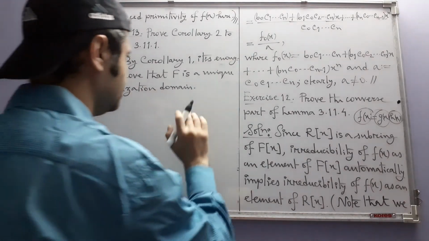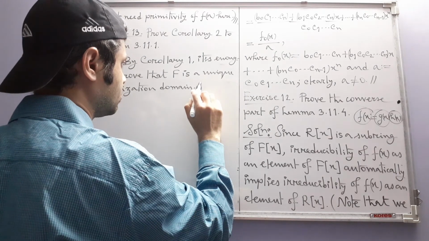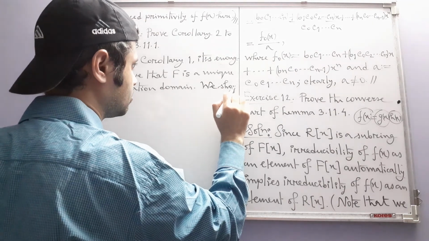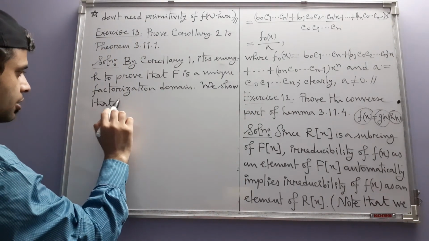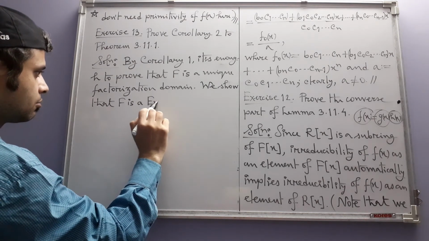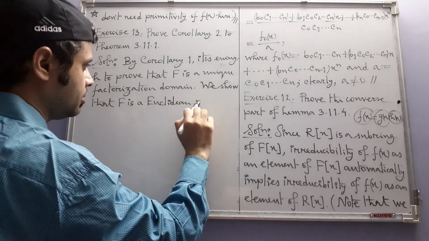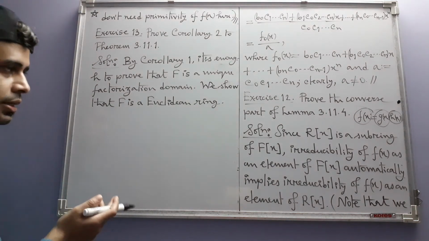Let's just do it here. We show that F is a Euclidean ring. For that we need a D function.